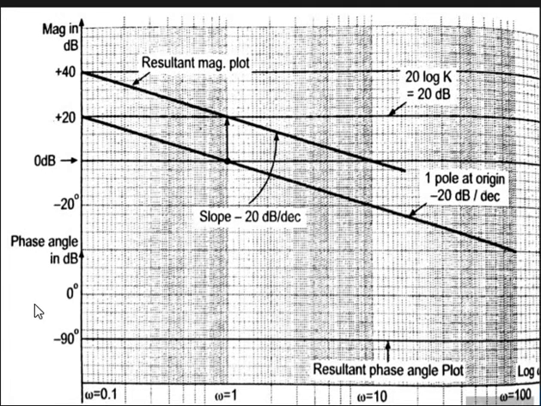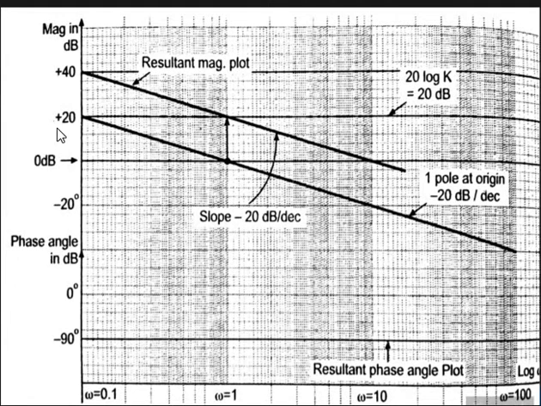The y-axis is divided into two parts: the upper part is magnitude, the lower part is phase angle. So the total graph can be divided into two parts horizontally. This part is the magnitude plot, and this part is the phase plot.